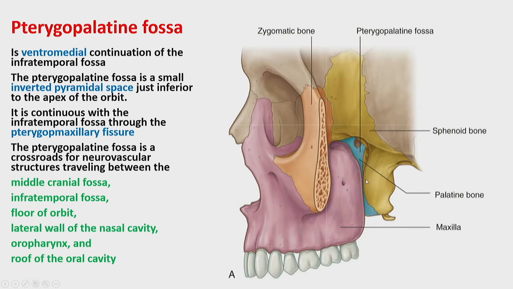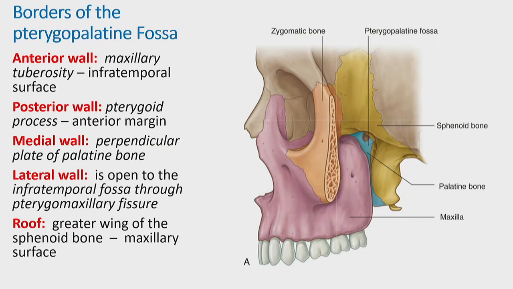So finally, the connecting with the lower part, which is the roof of the oral cavity, which is making the hard and soft palate. So in this case, you have the borders of the pterygopalatine fossa, which is anterior border is the tuber maxilla or maxillary tuberosity, which is also making a border of the infratemporal fossa.